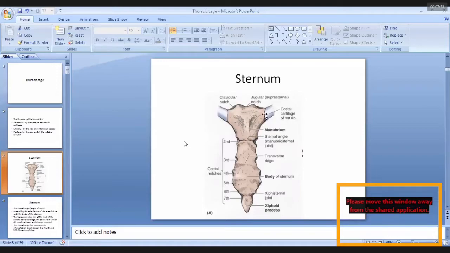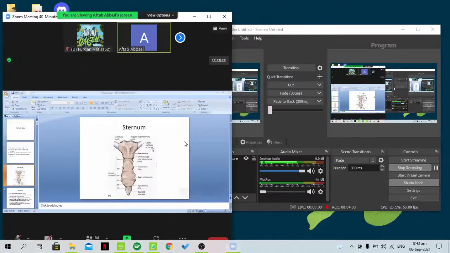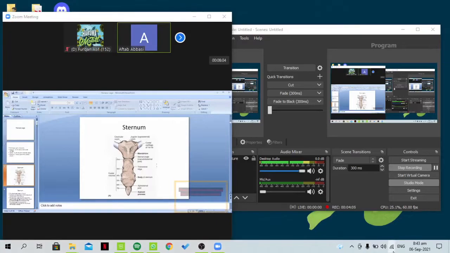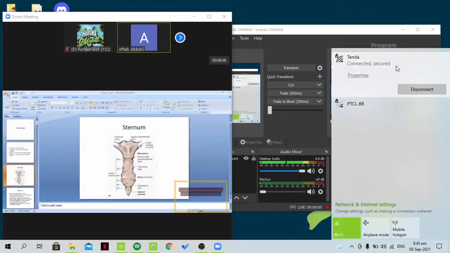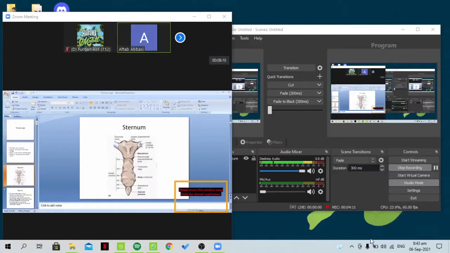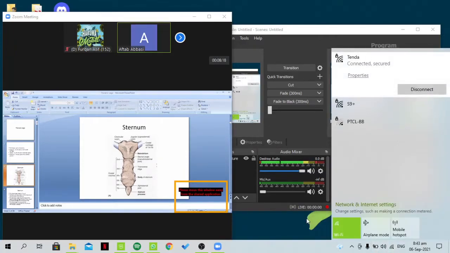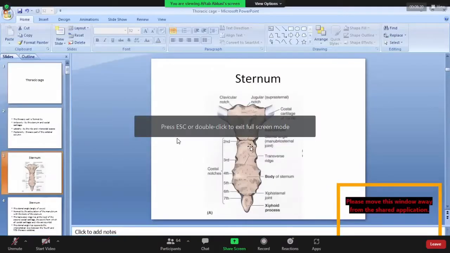Another articulation: there is a facet on the lateral side of the manubrium of the sternum for the attachment of the costal cartilage of the first rib. So these are the three articulations of the manubrium of the sternum: the sternoclavicular joint, the joint with the costal cartilage of the first rib, and the third articulation between the manubrium and the body of the sternum, forming the manubriosternal joint.